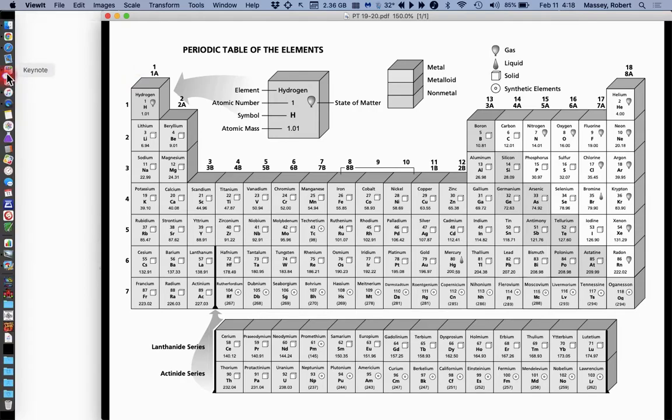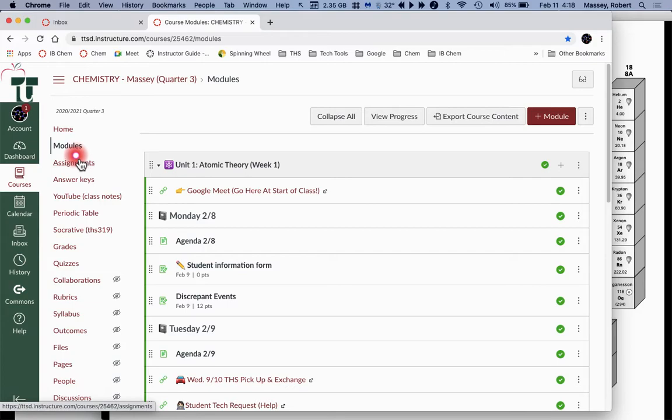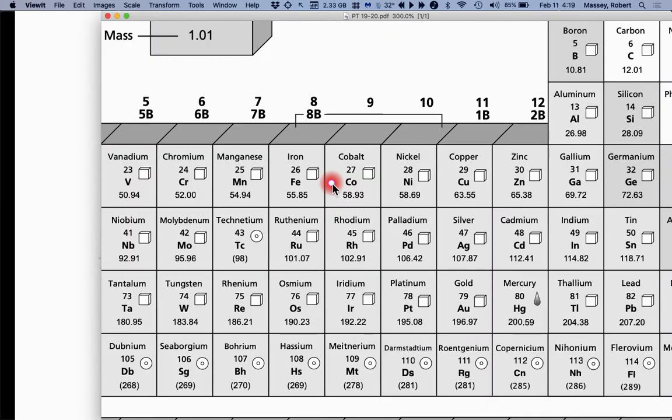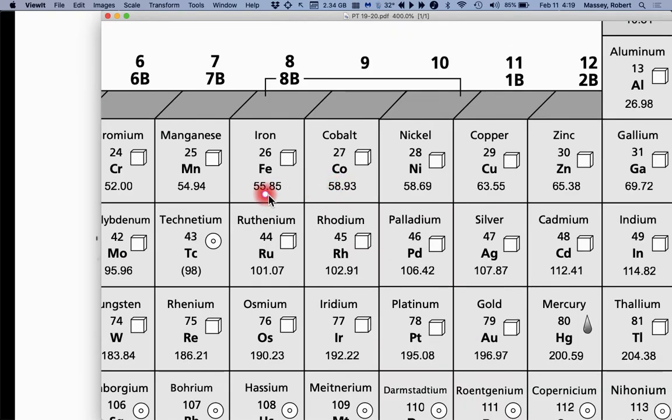If you go to our Canvas site, on the side here, there's a link for the periodic table. That's the exact same periodic table that I'm showing you here. It's important that it's that periodic table because the numbers, what's called the atomic mass that has decimal places, we want to all use a periodic table that has the same exact number of decimal places.